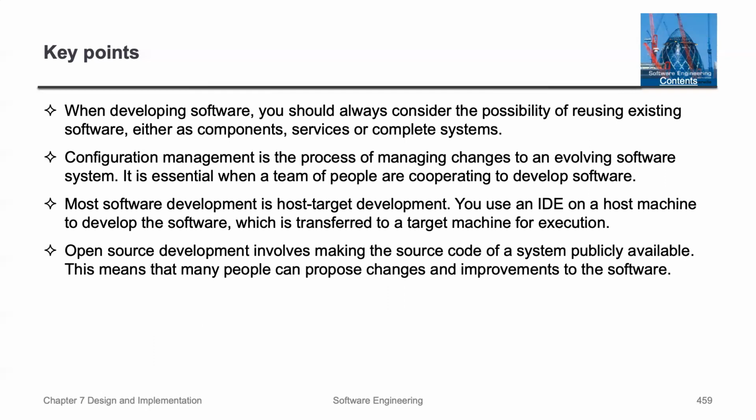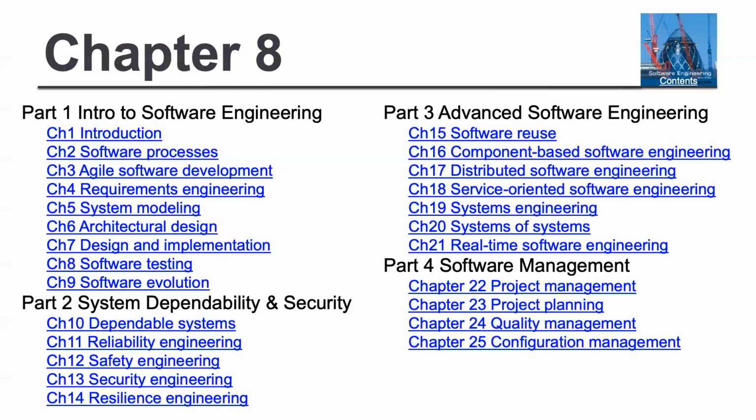Most software development is host-target development. You use an integrated development environment on a host machine to develop the software, which is transferred to a target machine for execution. And finally, open source development involves making the source code of a system publicly available. This means that many people can propose changes and improvements to the software.